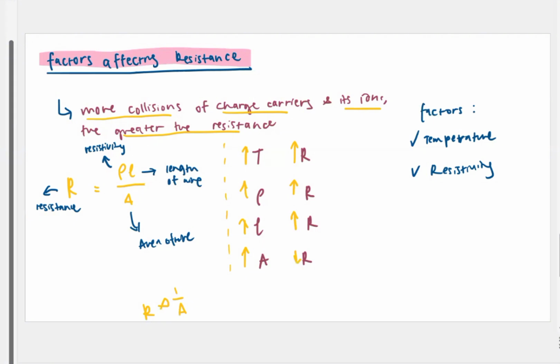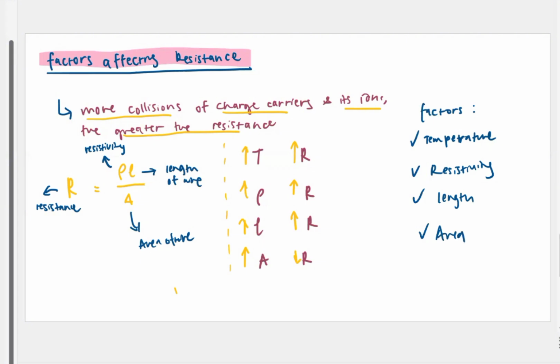So yeah, these are the factors affecting the resistance. So this one is length, and this one is area.